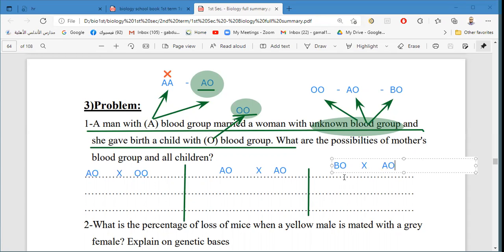In these three cases, we can give birth to a child with O. Three possibilities for the mother, and only one possibility for the father.